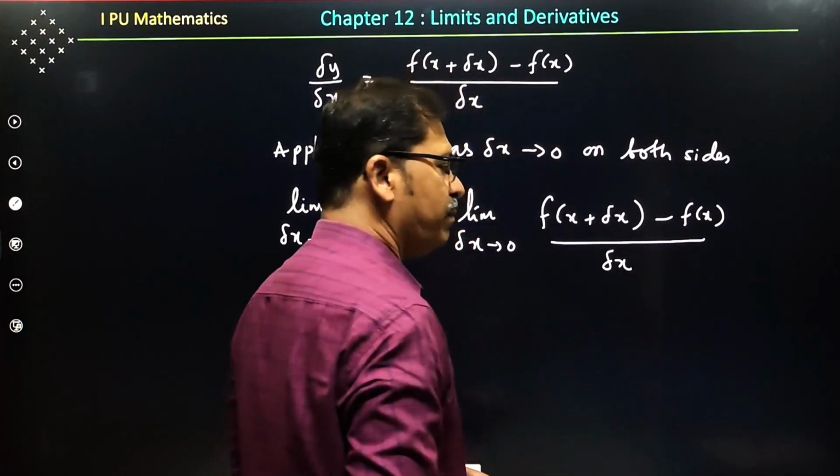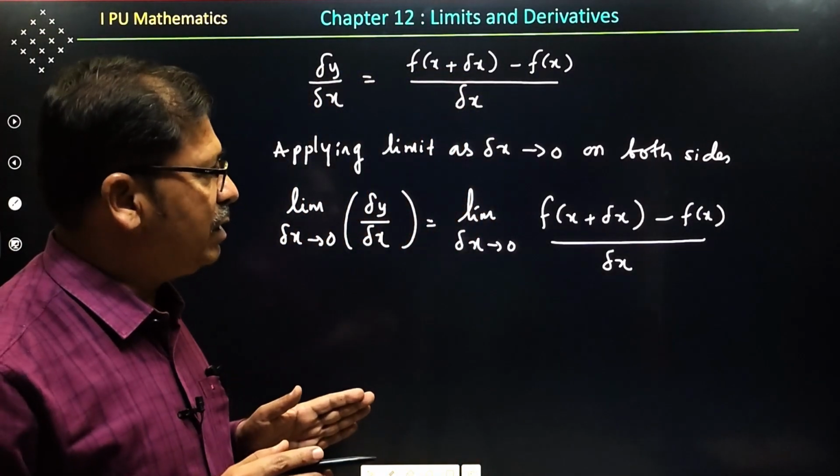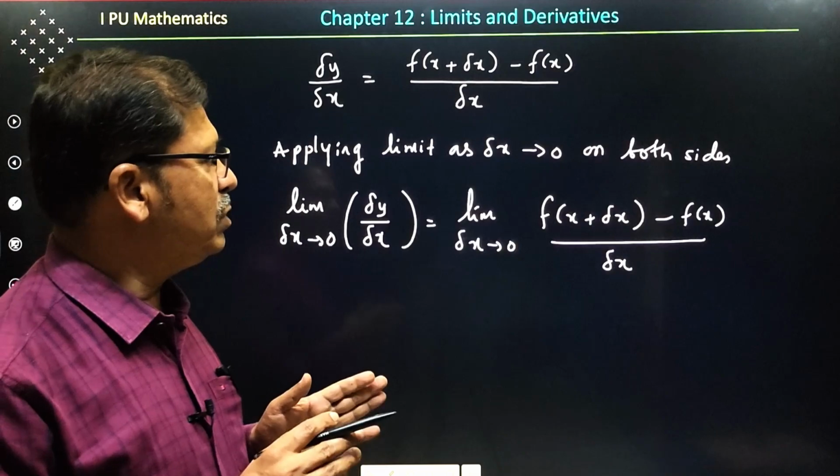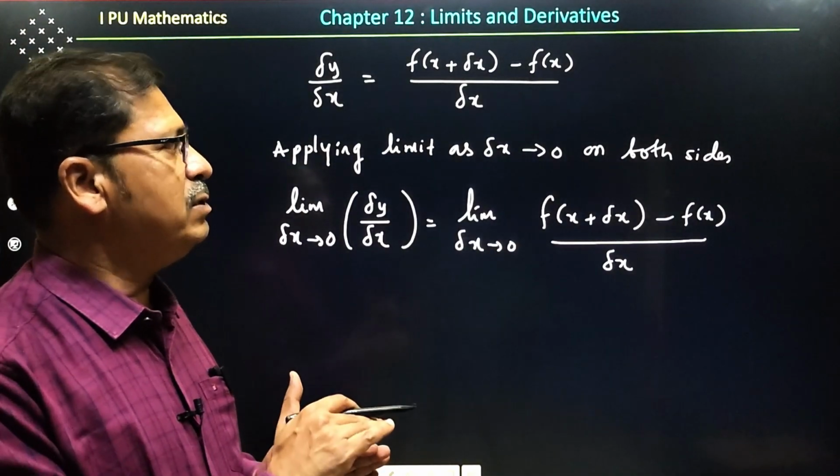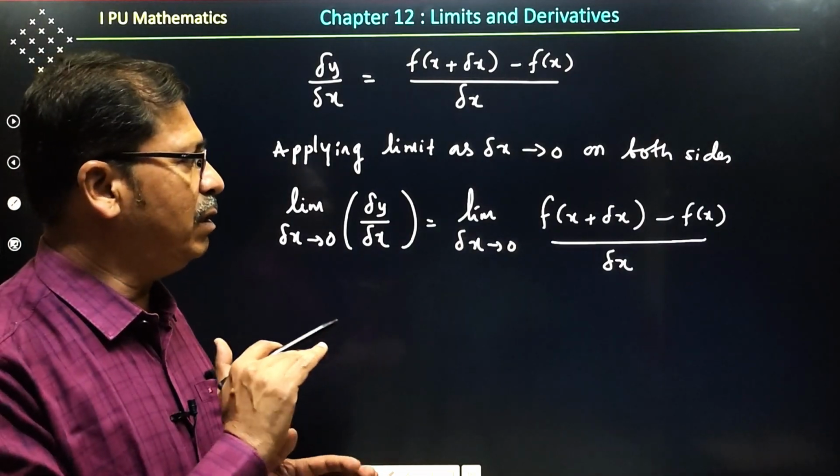Please concentrate here. On the right side, what we have taken is the limit as delta x tends to 0 of f of x plus delta x minus f of x divided by delta x.